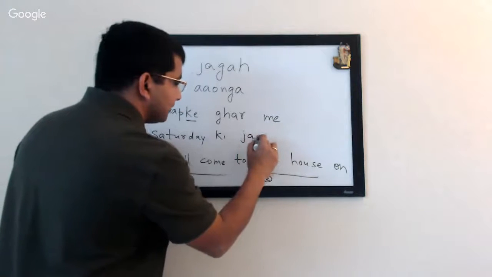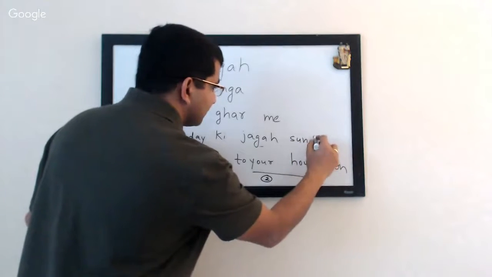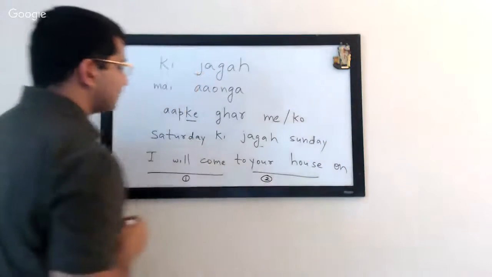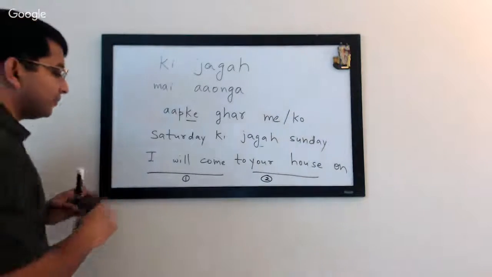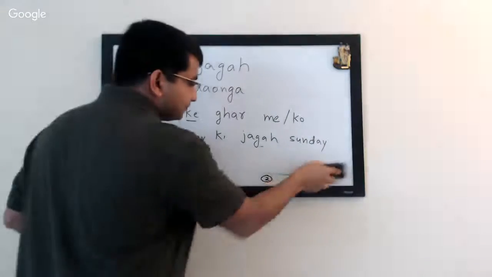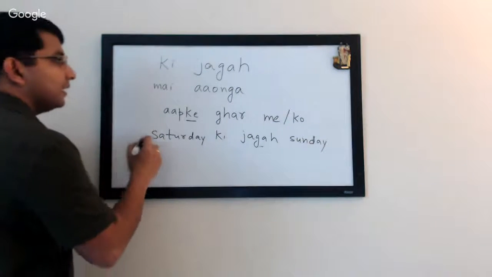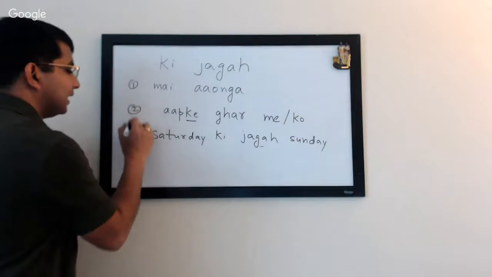की जगह Sunday. You can use both में or को, right? Now all we have to do is combine all of them together. This is the first sentence, this is the second one, and this is the third one.